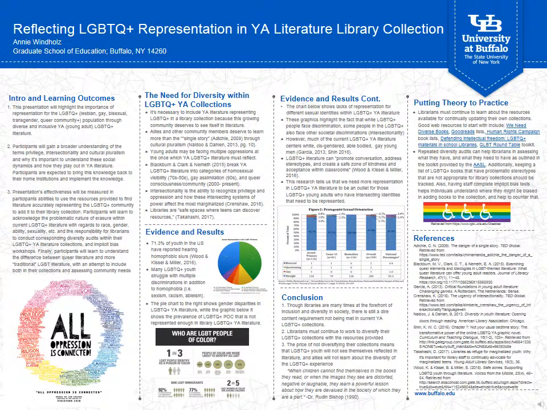The chart below, in the third column, shows lack of representation for different sexual identities within the LGBTQ+ YA literature collections. These graphics highlight the fact that while LGBTQ+ people face discrimination, some people in the LGBTQ+ community also face other societal discriminations. And that's what we're talking about, intersectionality.